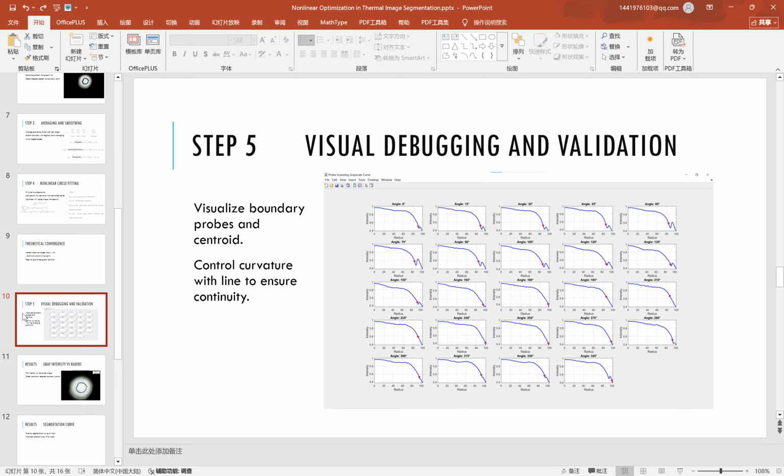Now the results. The diagram on the right side reflects the radius selected at different angles. The x-axis is the length of radius, ranging from 0 to the initial mask in the angle direction of detection, and the y-axis is gray value.